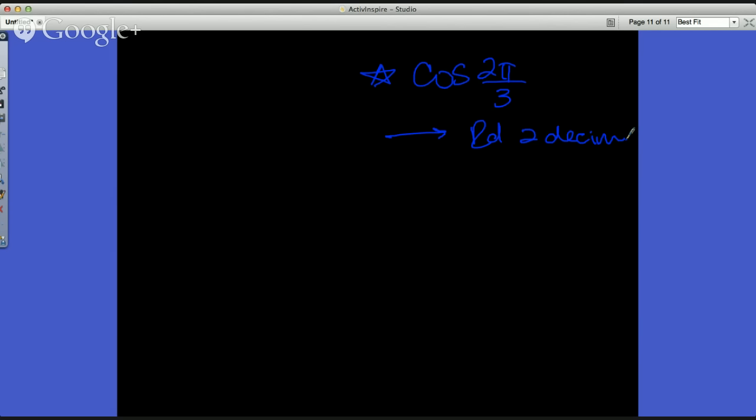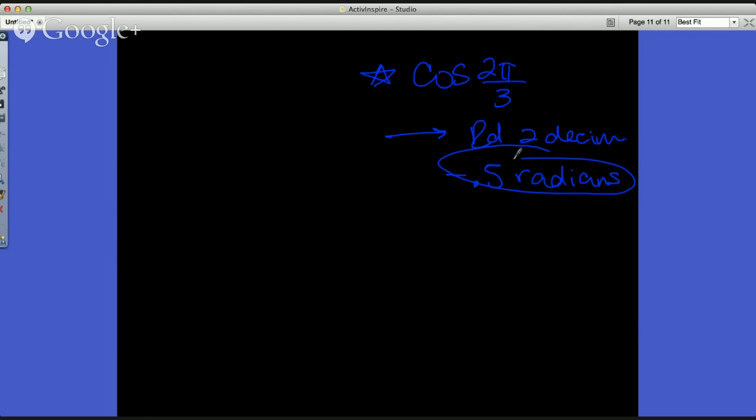And then I'll just say, all right, what is the cosine of parentheses 2 pi divided by 3? All right, check that. The answer, at least what I got, was negative 0.5. Okay, that's exactly what we were looking for.